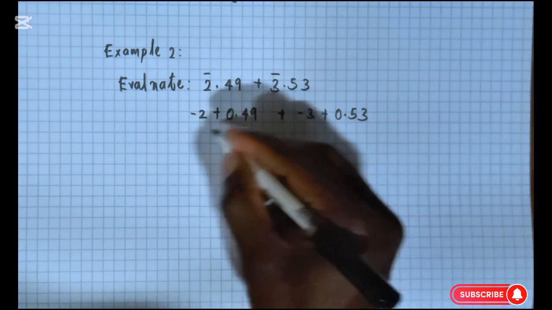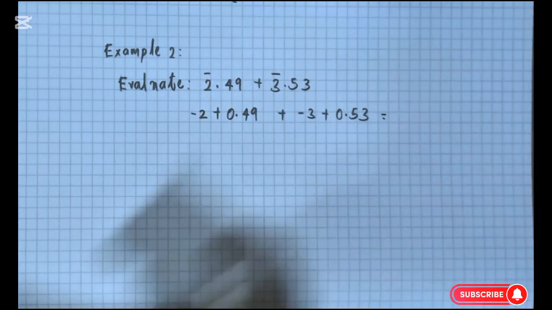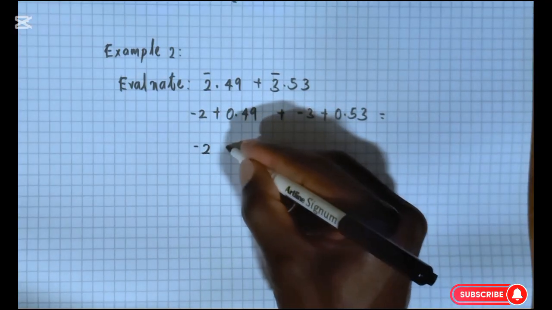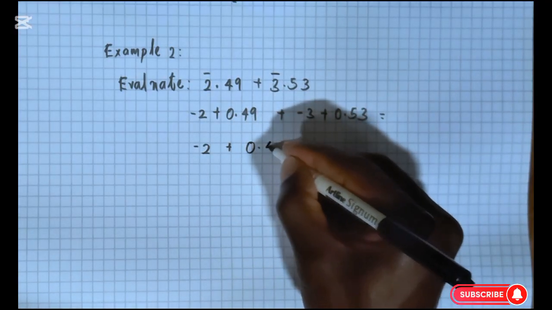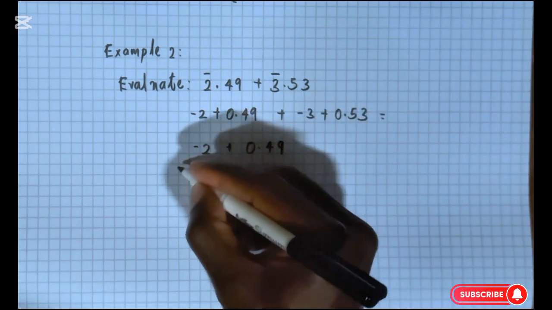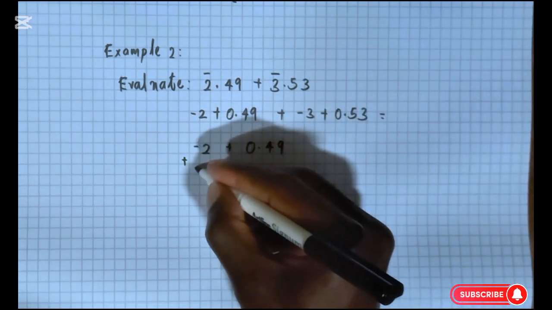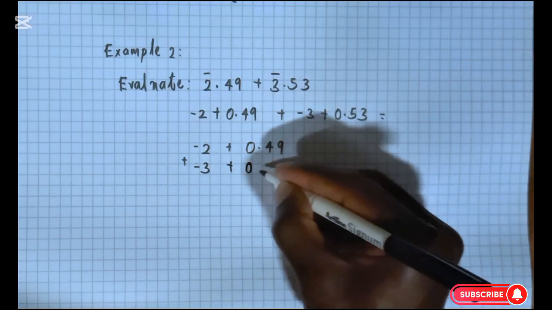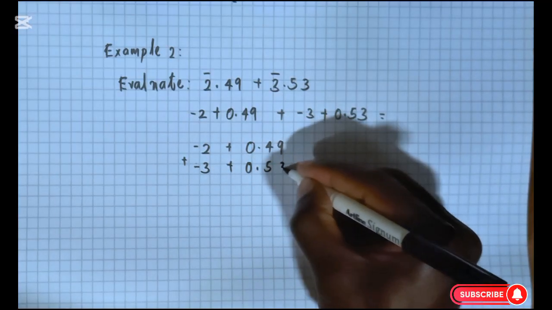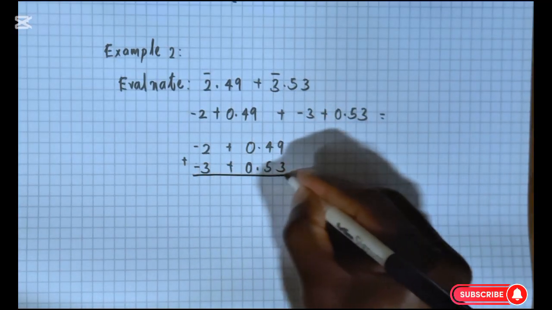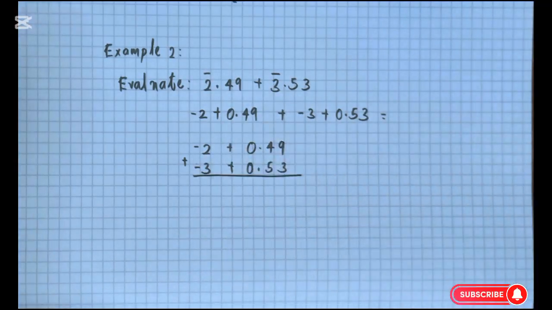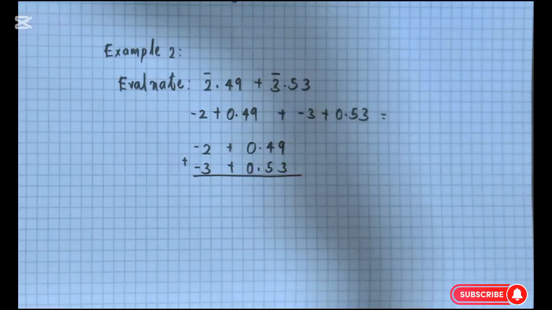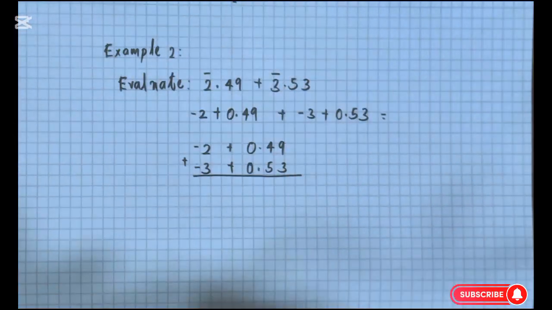So I'm going to rearrange this whole operation as -2 plus 0.49 plus -3 plus 0.53. Of course, there's nothing that I've changed. I just arranged it in a format that becomes easy for you to understand.